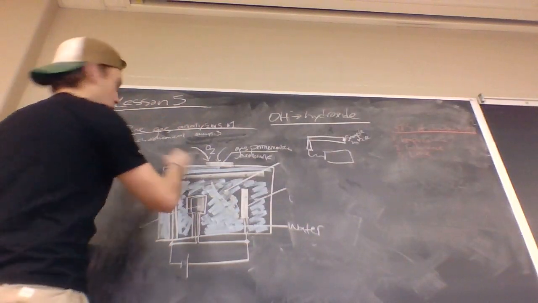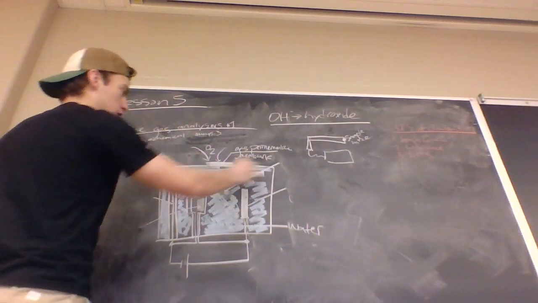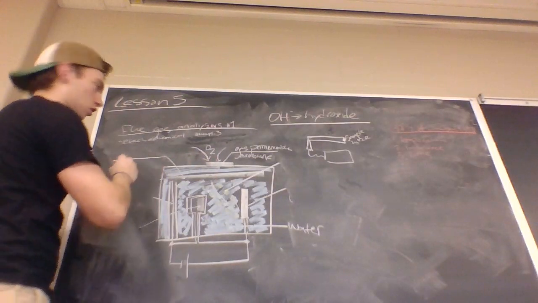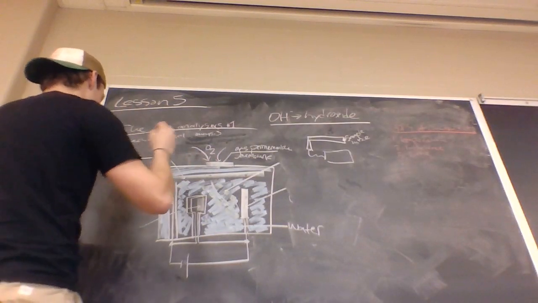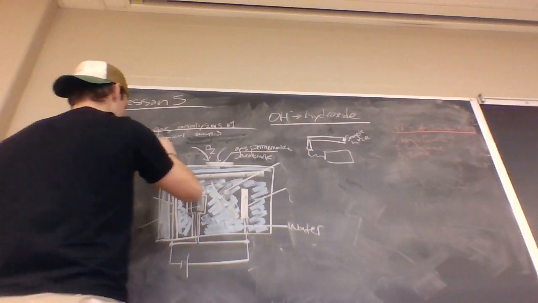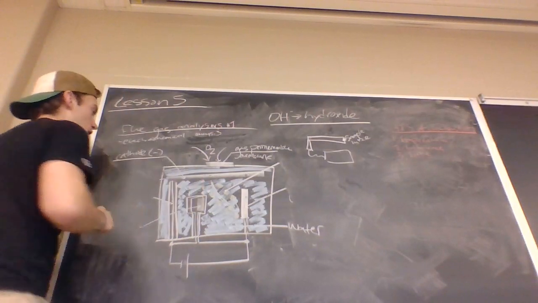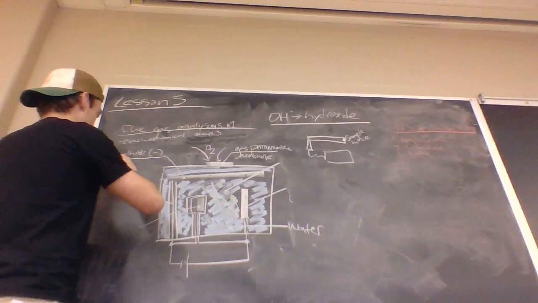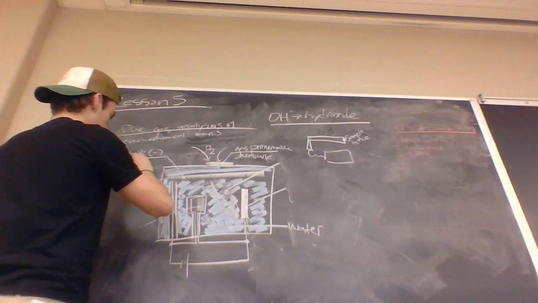What we have up here, this long line here, is called our cathode, which is negatively charged. And this is often made up of, in this case, platinum.